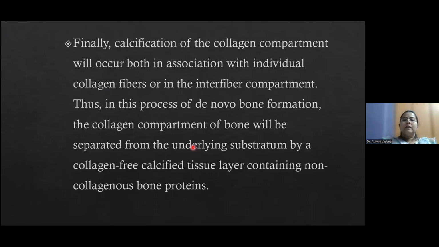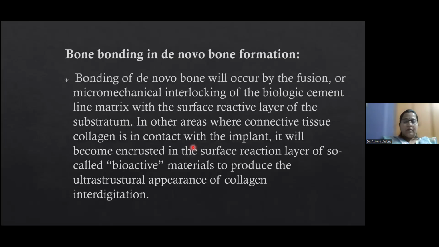Thus, in this process, there is the de novo bone formation. The collagen compartment of bone will be separated from the underlying substratum by a collagen-free calcified tissue layer containing the non-collagenous bone proteins. So, this is the mechanism.